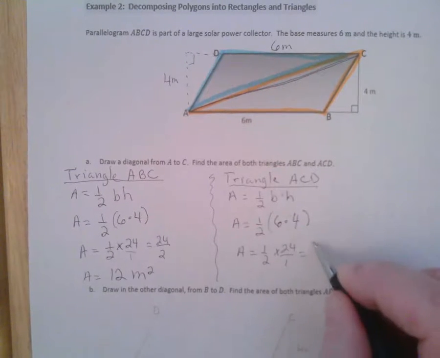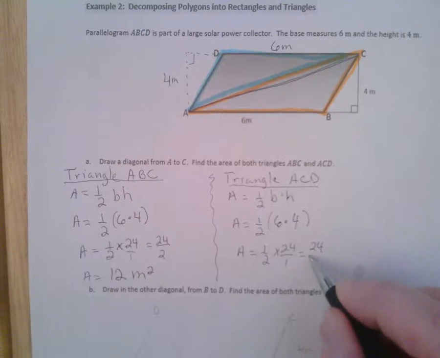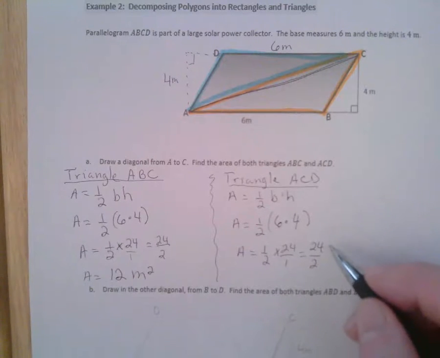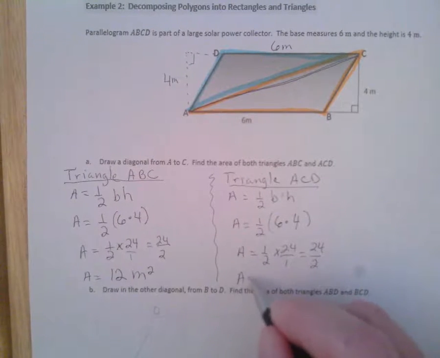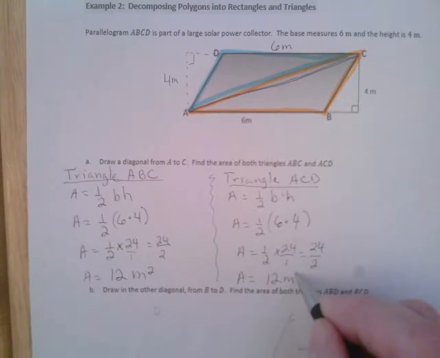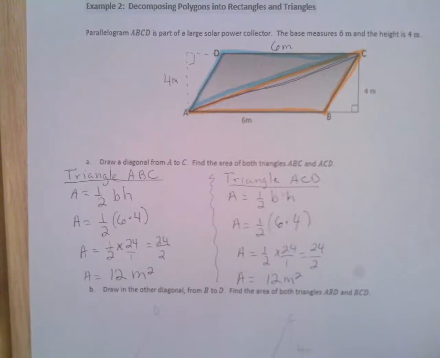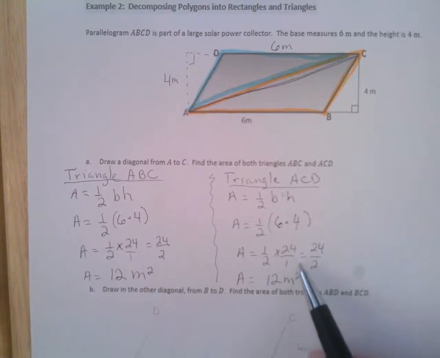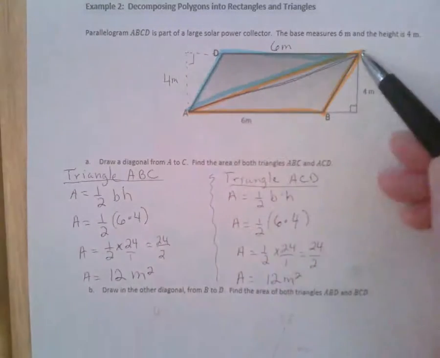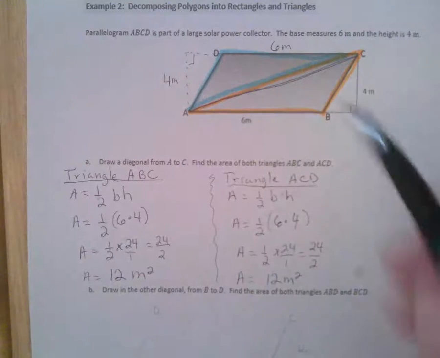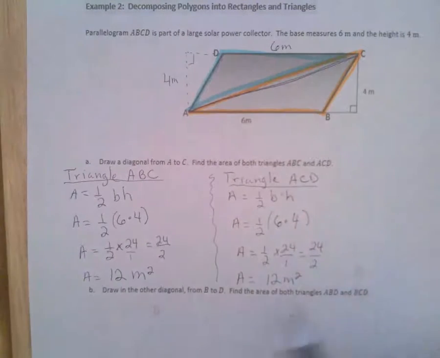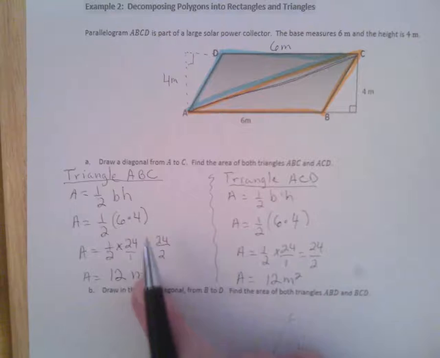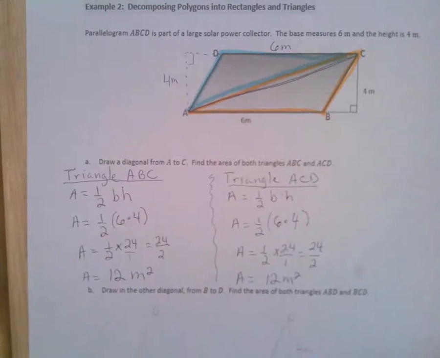When I do numerator times numerator, denominator times denominator, I'm left with 24 divided by 2, which is equal to 12 meters squared. Now we knew that these should have been the same because we said that the parallelogram cuts it into two congruent triangles, which means they were equal. So we knew that the area for those two triangles would have been the same.